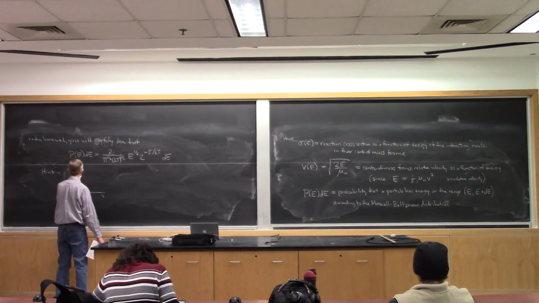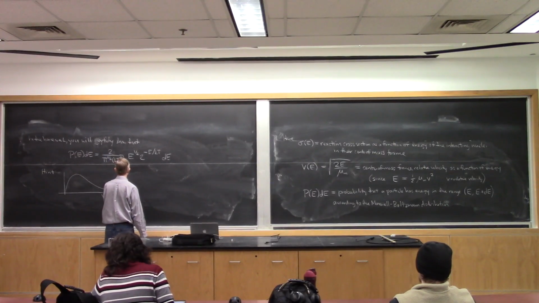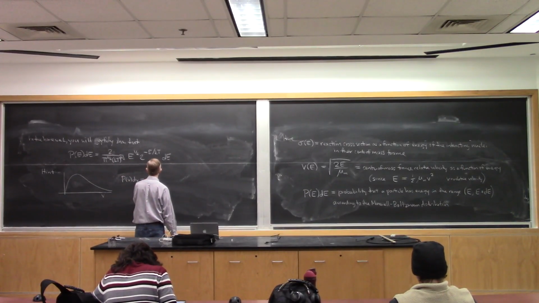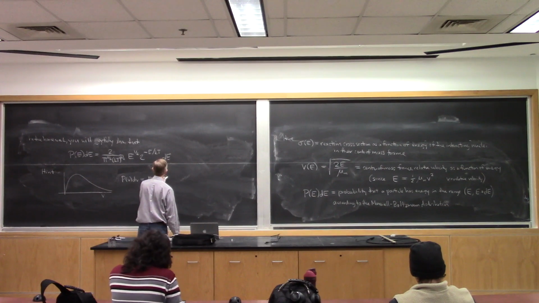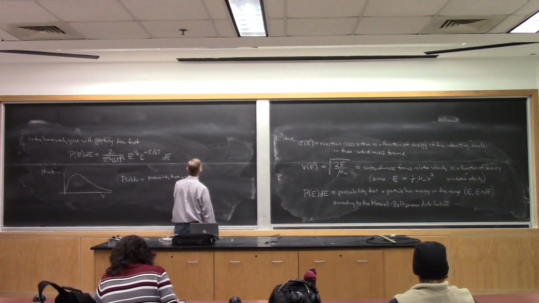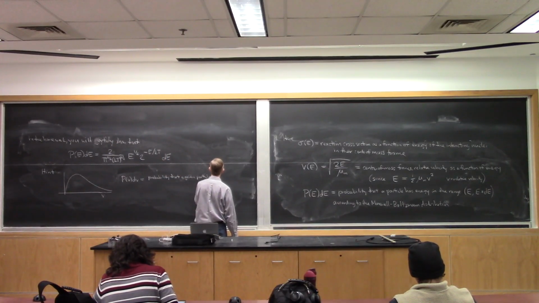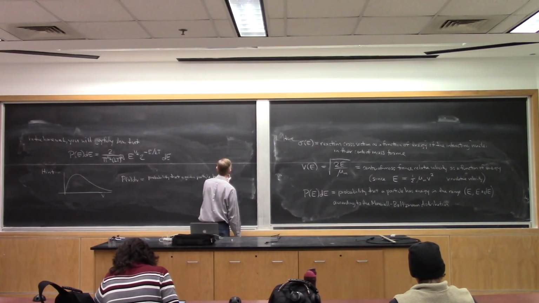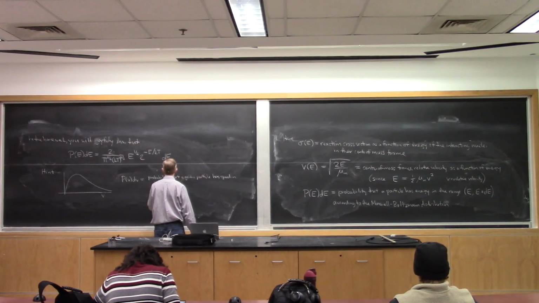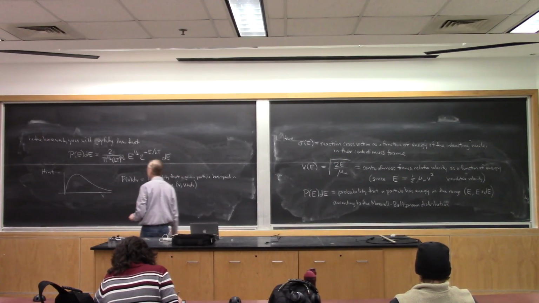The Maxwell-Boltzmann distribution, remember, is a plot such that P of V dV is the probability that a given particle, which in this case would be like the reduced mass of the system, has speed in the range from V to V plus dV.